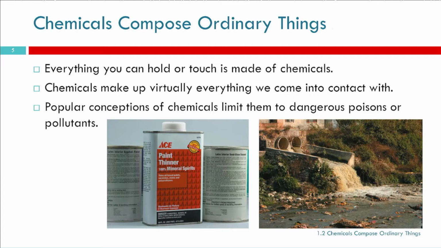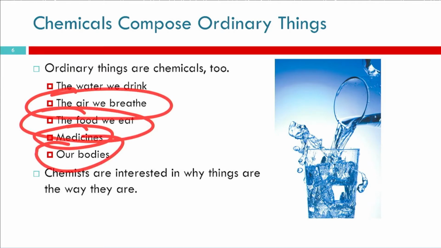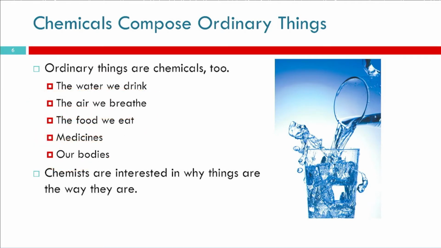You might have heard of dihydrogen monoxide, the scientific name for water. People have written some pretty funny ad campaigns about how bad dihydrogen monoxide is and how it needs to be banned. So ordinary things are chemicals too: the water we drink, the air we breathe, the food we eat, medicines, our bodies. And again, if we can understand how they work at the smallest level, we can exploit that.